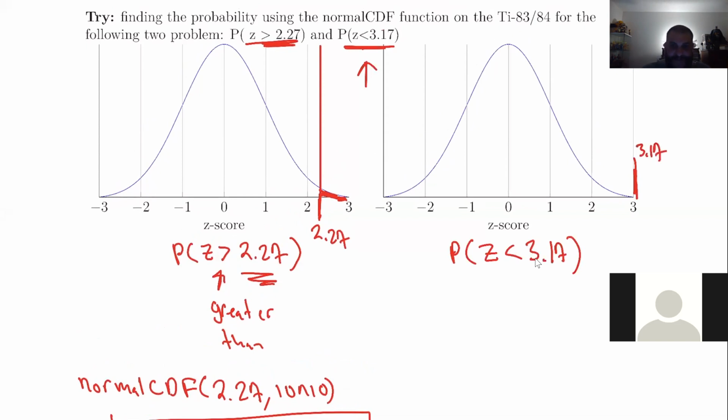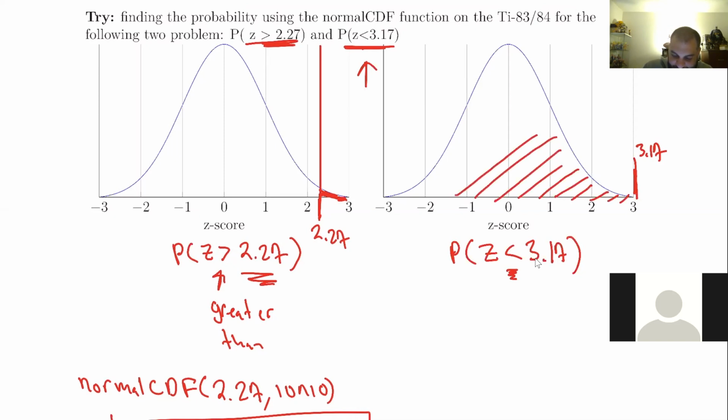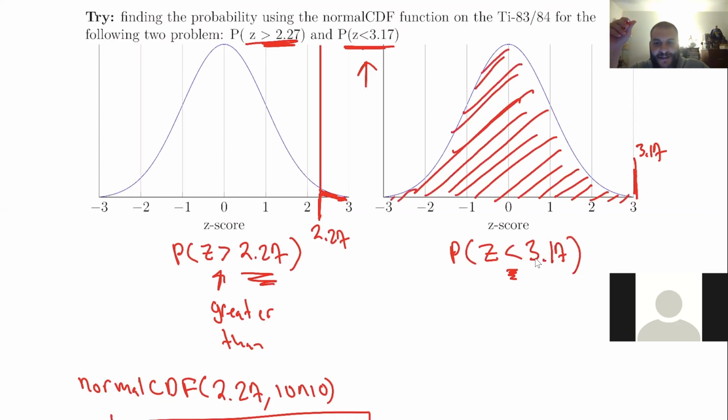It wanted to be less than 3.17, so pretty much we want all of this. We shaded the whole thing, so you should be expecting something near 100%. It's probably not going to be exactly 100%, but it should be very close to 100%.